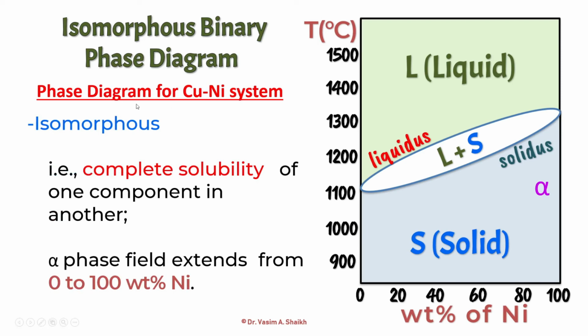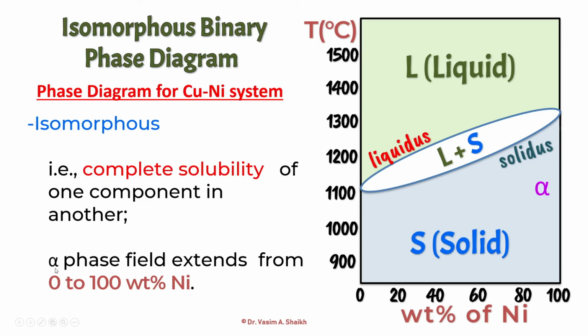Isomorphous means complete solubility of one component in the other. So it has a complete solubility of one component in the other. That means the liquidus line and the solidus line will go from 0 to 100. So that is the meaning of this.